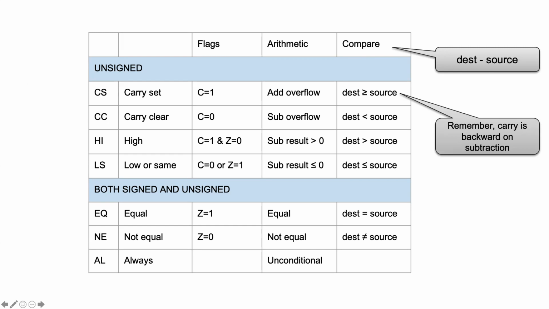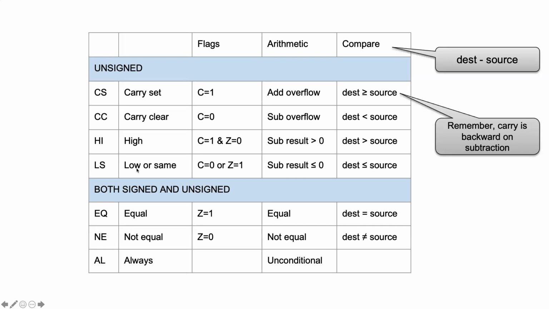That's why they have these names over here, as opposed to higher than or equal, or lower than. And I'm using those terms higher than and lower than because that's the ARM terminology here. Remember, on Intel, we used above and below, but for unsigned comparisons, ARM uses high and low in how they made up these names.